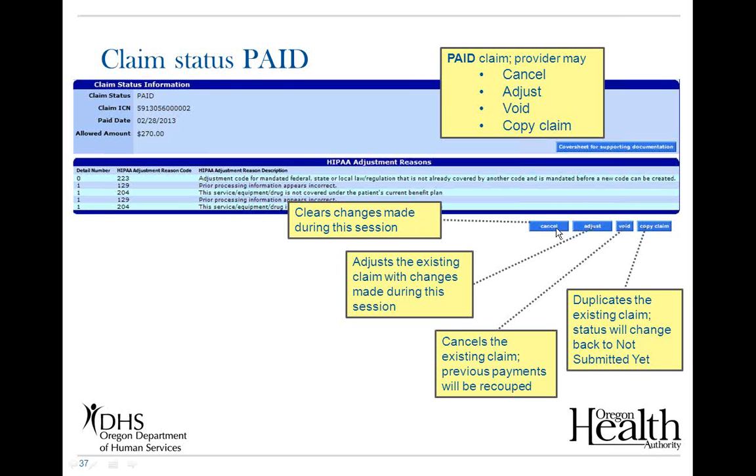You can cancel changes. That just means if I'm making changes because I'm thinking I'm going to adjust the claim, that I can clear out those changes and not submit it. Adjust allows me to make those changes and make an adjustment. Basically what that does is it pulls the old claim and it puts a new claim in its place.